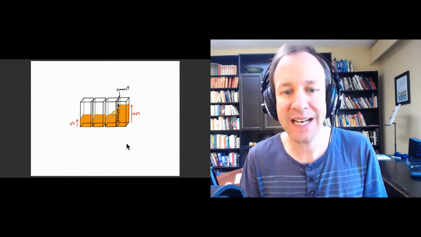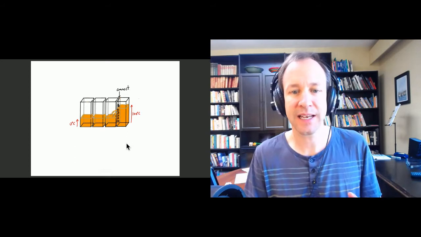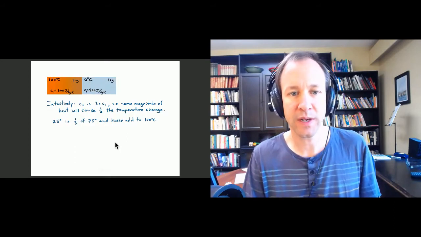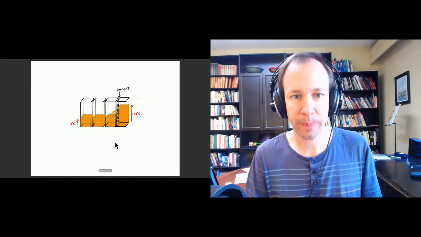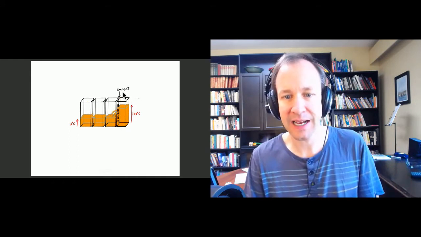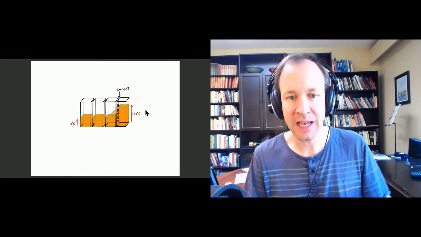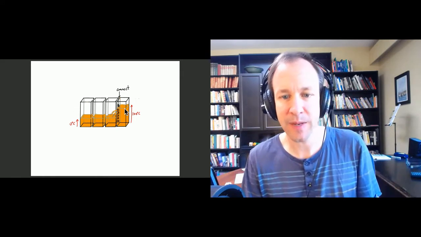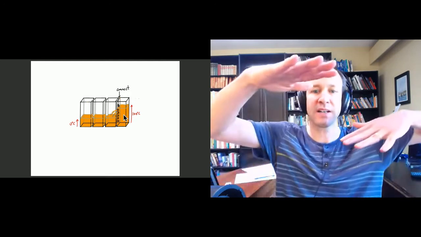Going back to my analogy, we can understand this situation with the 2 bricks, where one has a higher heat capacity, as being something like this. Now it's reversed left to right. So the hotter object had a smaller heat capacity. When you bring it together with the cooler object with a larger heat capacity, then the water level equalizes.